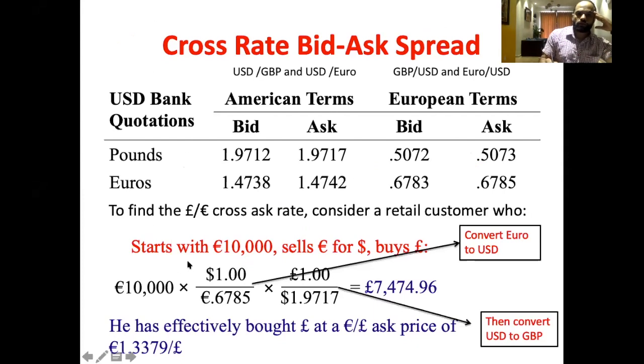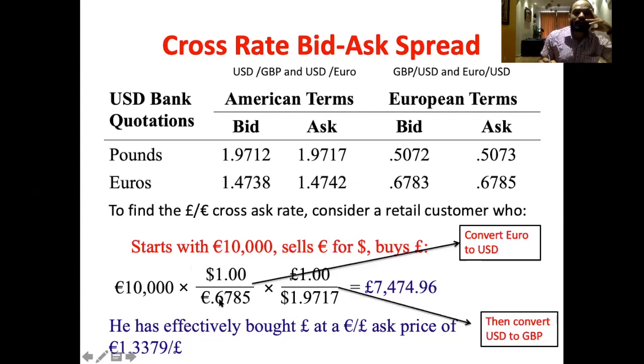So start with euro, sell euro for dollars, and then buy pounds. Exactly what we did in the previous slides. So you have euro, you're going to sell it for dollars.